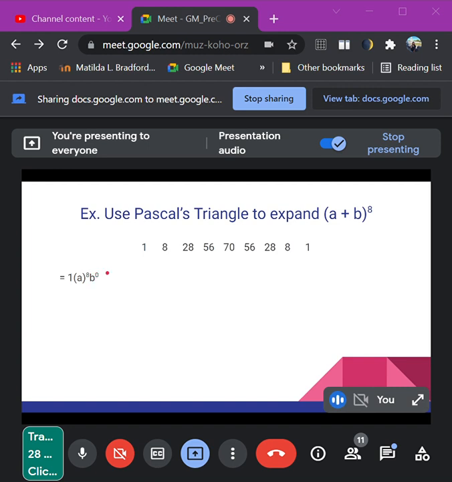And then, iyahang b kay raised to the power of 0. So, imuhang highest exponent mo na siya imong first ibutang sa imong first term. Okay? And then, remember that your exponents, kung imo na siyang i-add, it should be equal to your exponent sa given. So, that's why you have there 8, and then ang sa b is raised to the power of 0. Kay 8 plus 0, that is 8 man. Okay? That is for your first term.